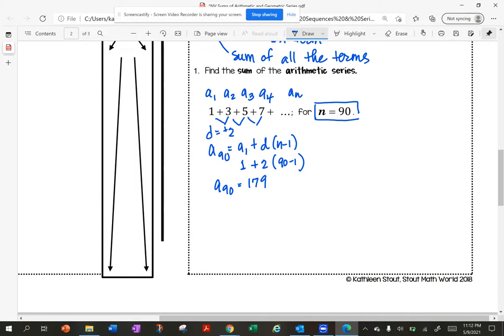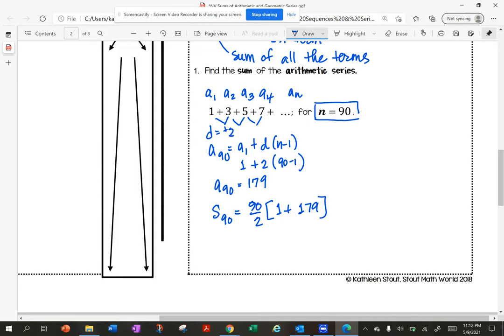Okay, so now I'm going to substitute into my new formula. So the sum of my 90 terms is going to be n divided by 2, so 90 divided by 2, times the first term, which is 1, plus the last term, which is 179.